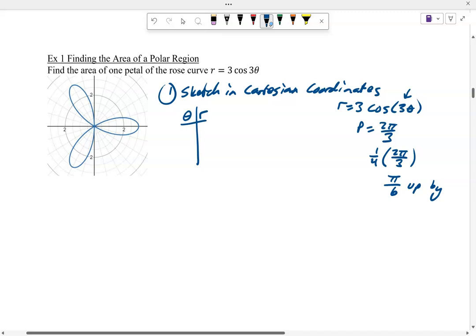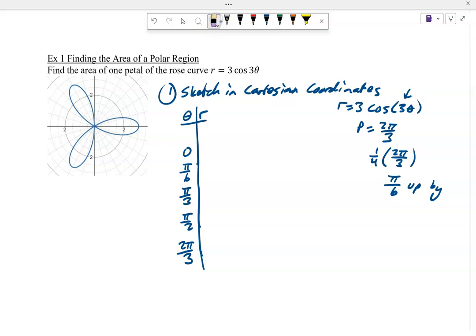If you started at 0 and then went up pi over 6, and then pi 6 plus another pi 6 is 2 pi over 6 or pi thirds. 2 pi 6 plus another pi 6 is 3 pi over 6 or pi halves. 3 pi 6 plus another pi 6 is 4 pi over 6 or 2 pi thirds. And this will give you one period of this.